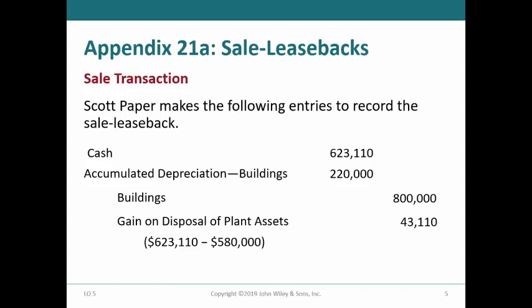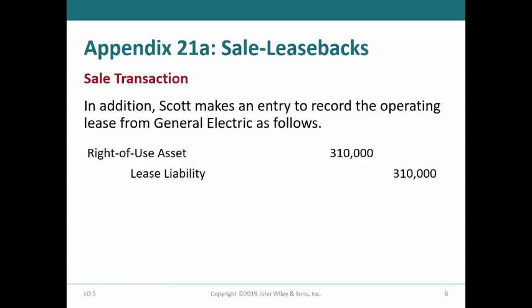This transaction removes the building and associated depreciation for the building from the books of Scott Paper. To record the entry for the operating lease of the building back from General Electric, Scott Paper would debit right-of-use asset for $310,000 and credit lease liability for the same amount.